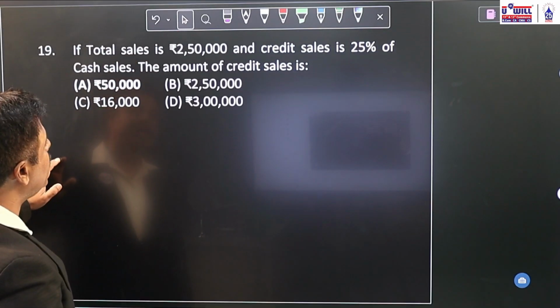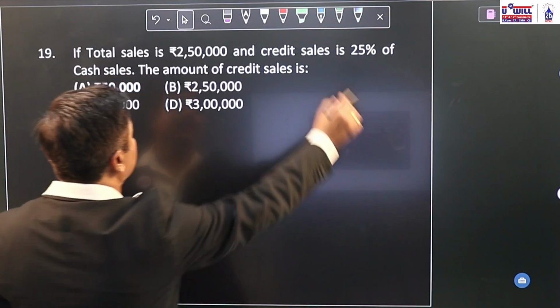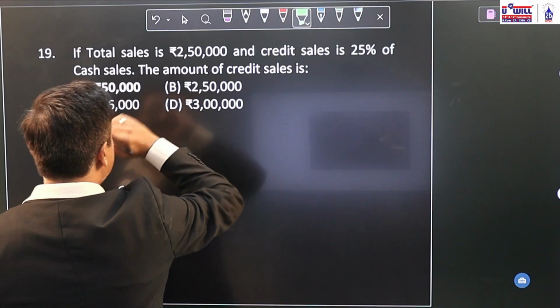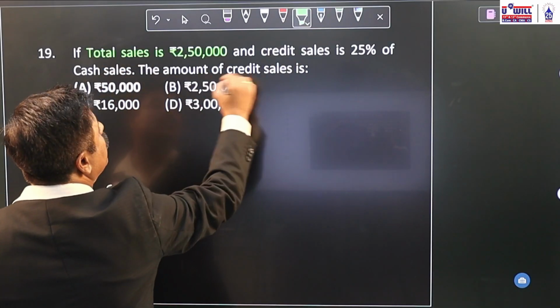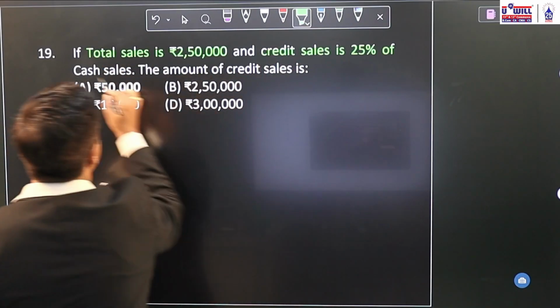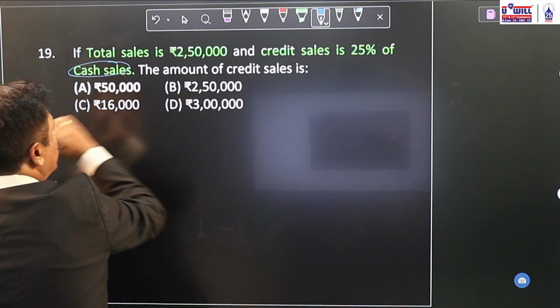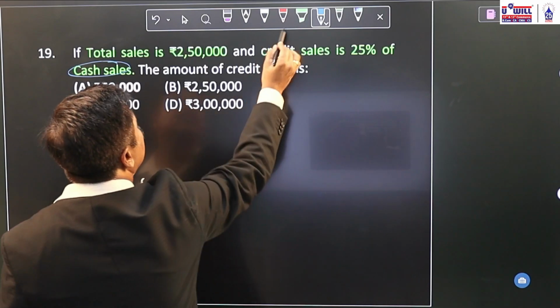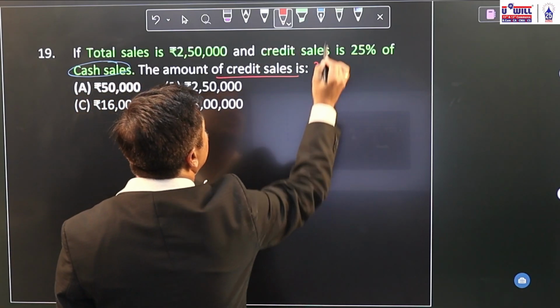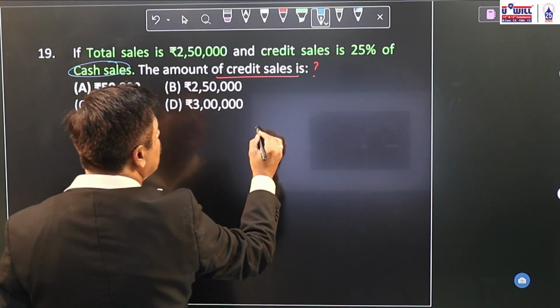Question number 19. If total sales is 2,50,000, credit sales is 25% of cash sales, not total sales. They have asked you the amount of credit sales. So let's make a simple equation.